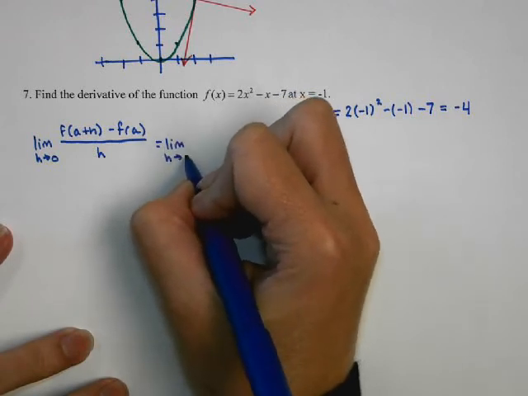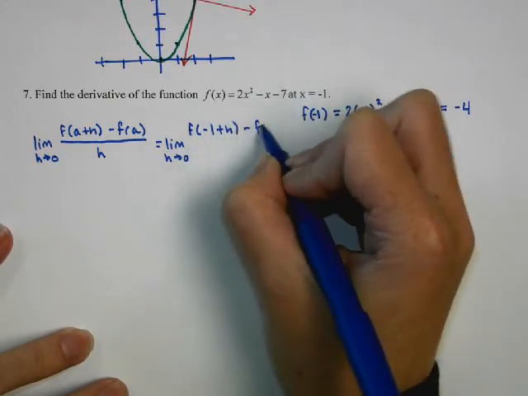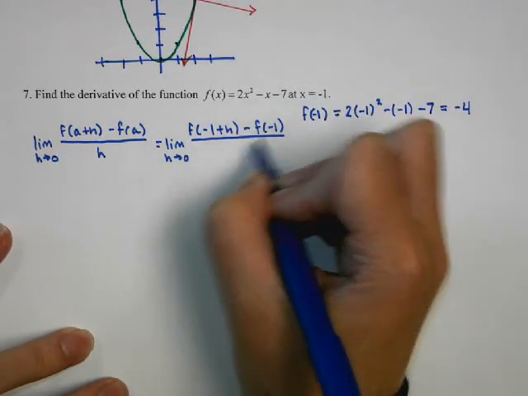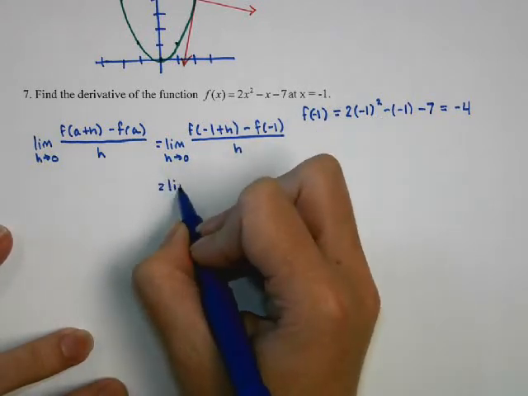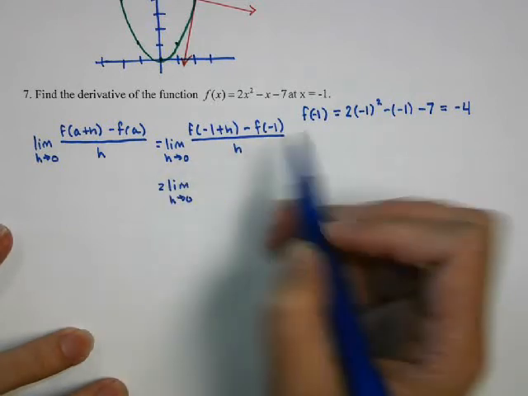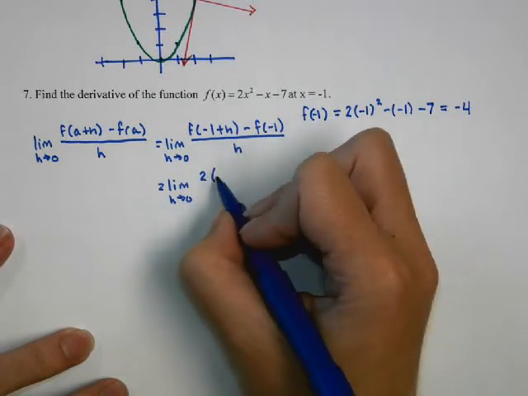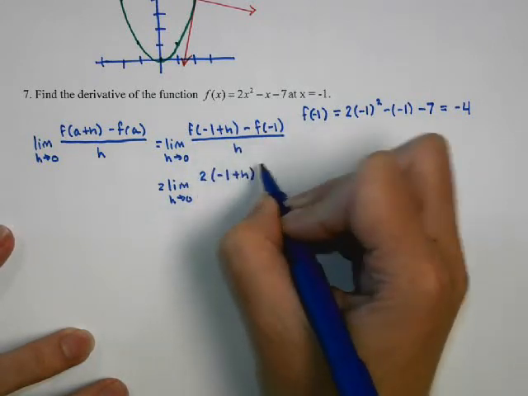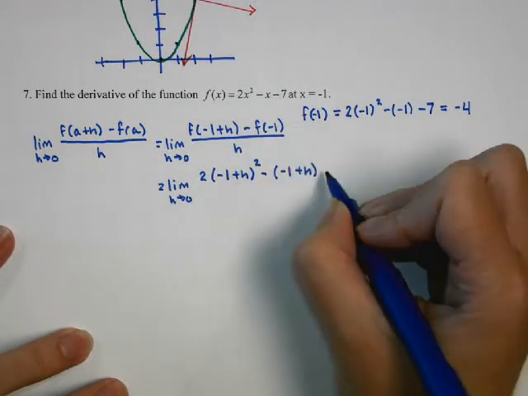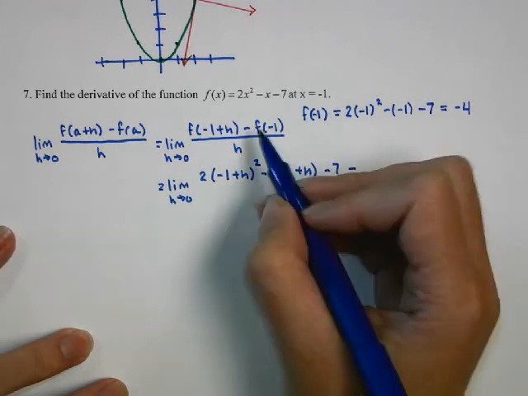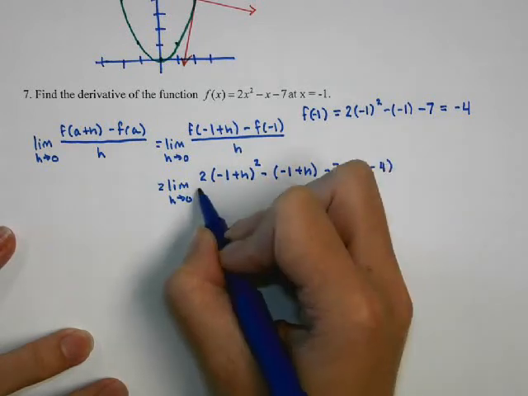So for this, we're looking at f of -1 plus h minus f of -1 over h. Okay, so here I'm going to plug that in. So we're going to have 2 times -1 plus h squared minus -1 plus h minus 7 minus f of -1. I plugged in -1 and got -4.